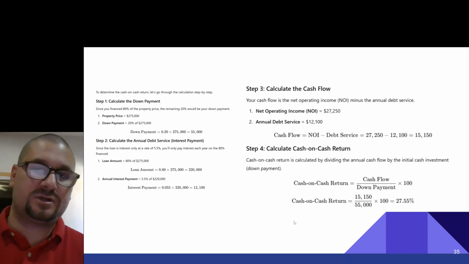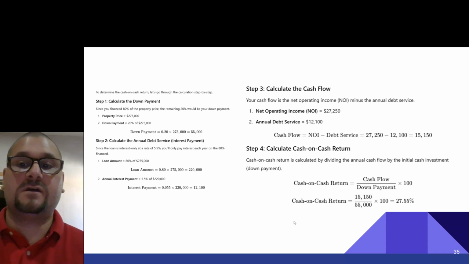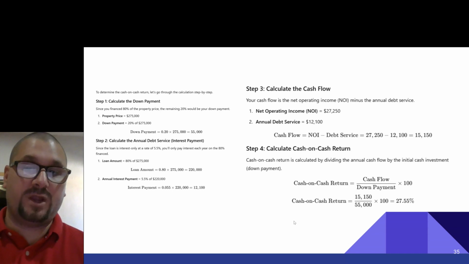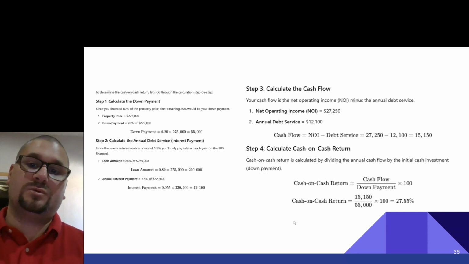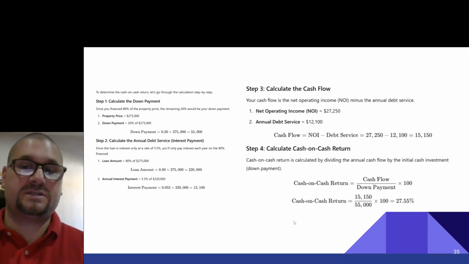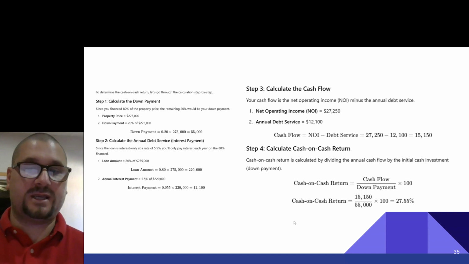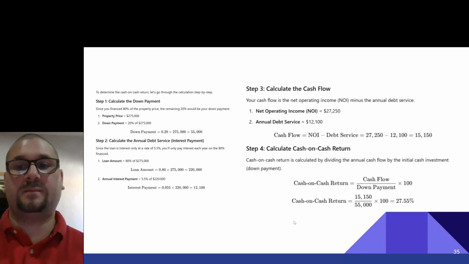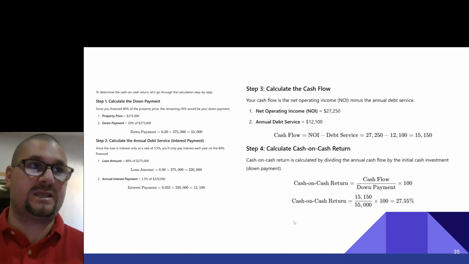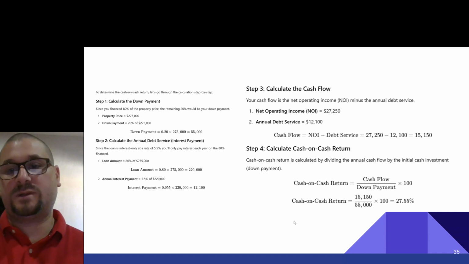Cash on cash return is calculated based on your cash flow. So cash on cash return is equal to cash flow divided by down payment, multiplied by 100.